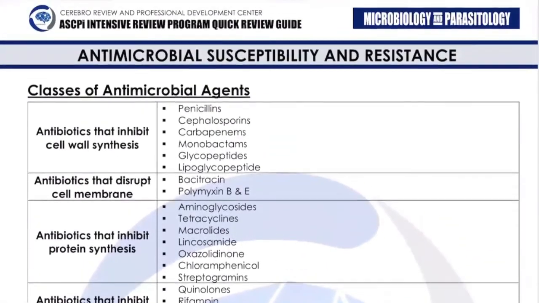Okay, so I will only focus on certain selected antibiotics here. So first, we have antibiotics that inhibit cell wall synthesis. So we have here penicillin, cephalosporin, carbapenem, monobactams, glycopeptides, and lipoglycopeptide.